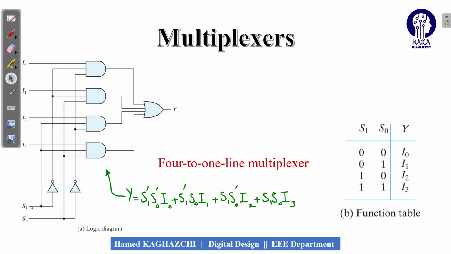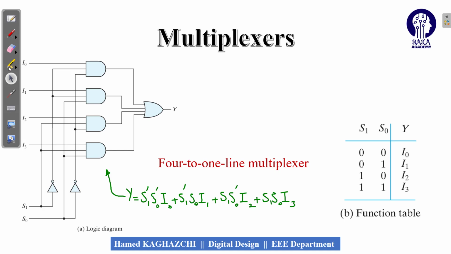According to this output, I can draw its digital circuit. You can see that we have S1, S0, and you can find all of the inputs of the AND gates. Then when we OR all of them, we can find the output of the multiplexer.